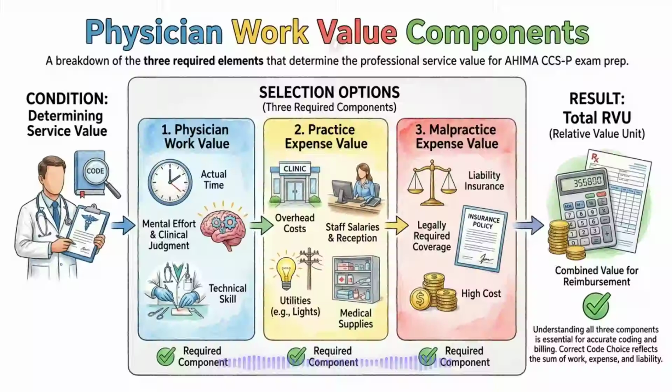The second component is the practice expense value, which covers the overhead costs of running the clinic, such as paying the receptionists, keeping the lights on, and buying medical supplies. The third and final component is the malpractice expense value, which accounts for the high cost of the liability insurance that the physician is legally required to carry.